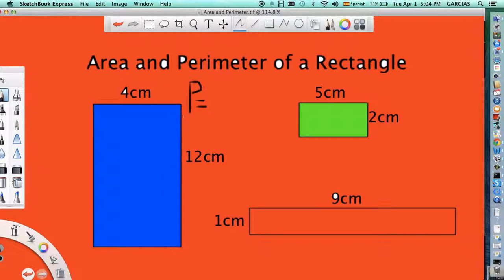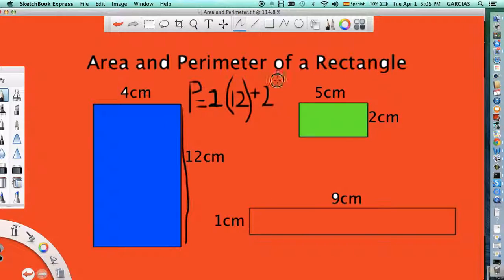So if we know that this side has a length of 12 centimeters, we have two sides that measure the same. So we can do 2 times 12. And then we will be adding, we have 2 sides that measure 4 centimeters.